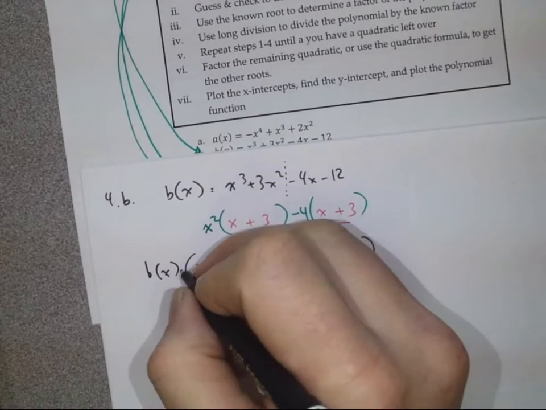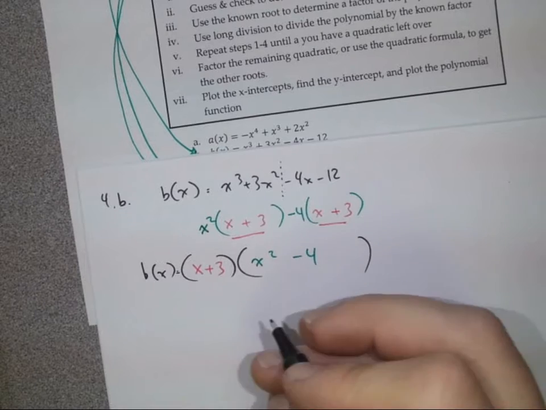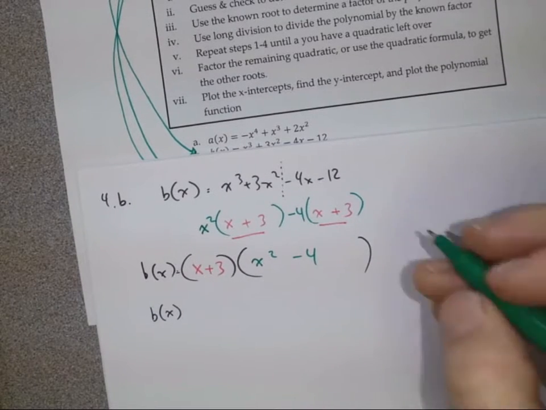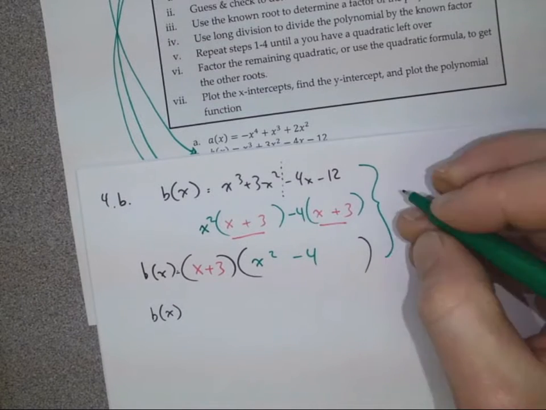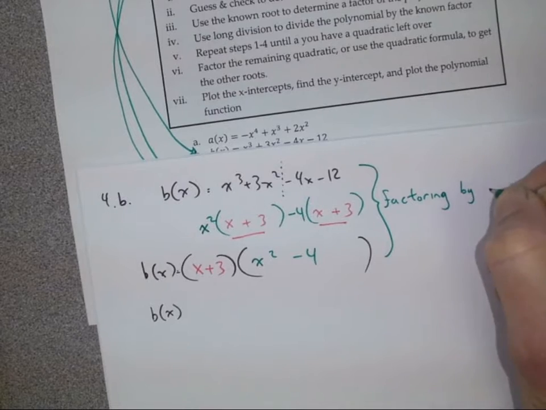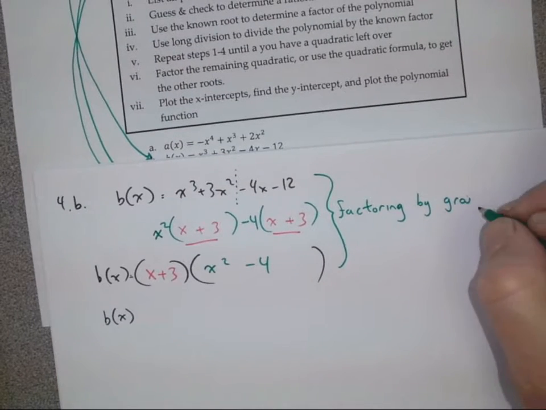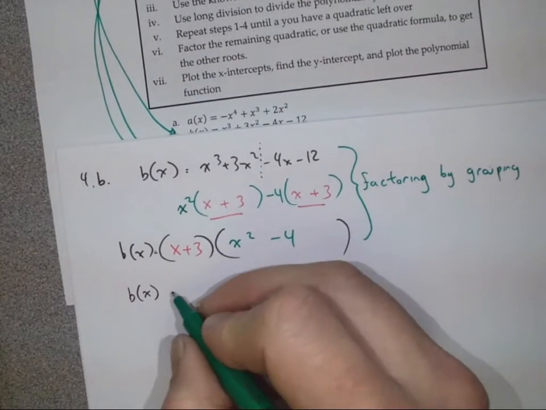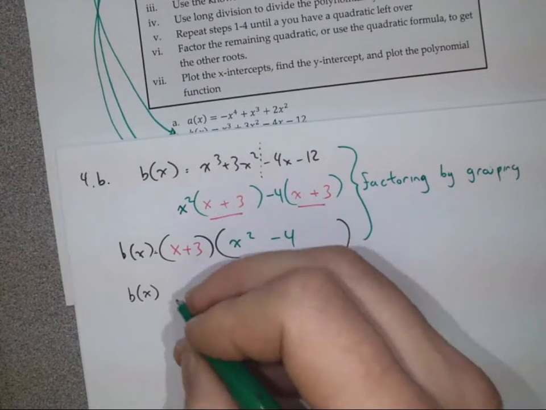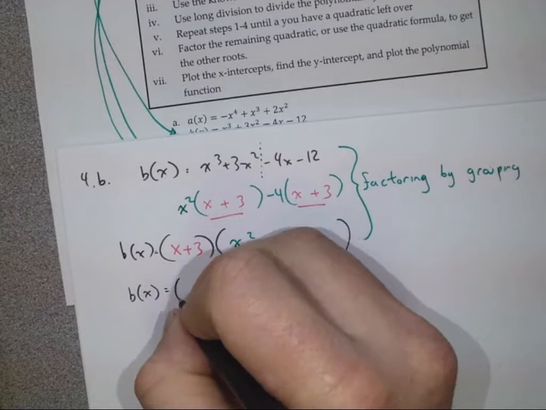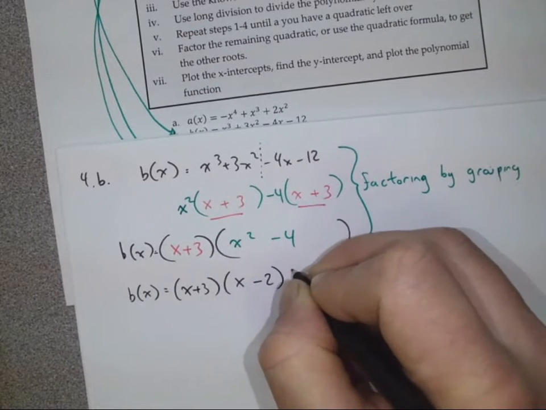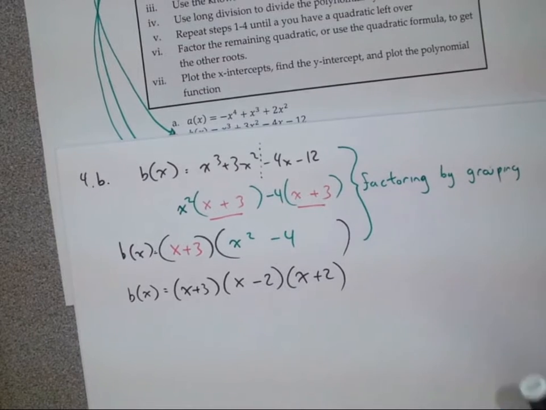And we're not quite done until we finish factoring, and I can factor that. So we just used factoring by grouping. And now we're going to use difference of squares. We have a difference, a subtraction between two perfect squares. So I'm going to rewrite this as x plus 3 times x minus 2 and x plus 2.